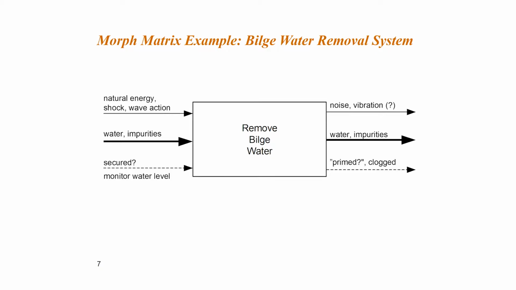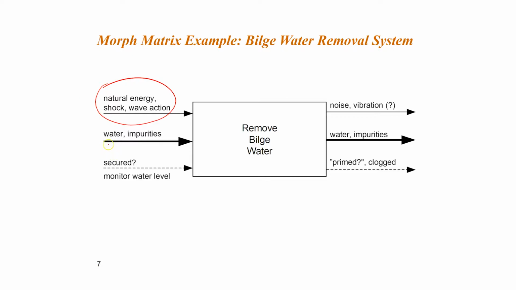And this is the design of a product that will harvest energy from the environment and use that to keep the bilge empty. So you can see on this black box that it's very nondescript. The energy itself is input, just very generically.